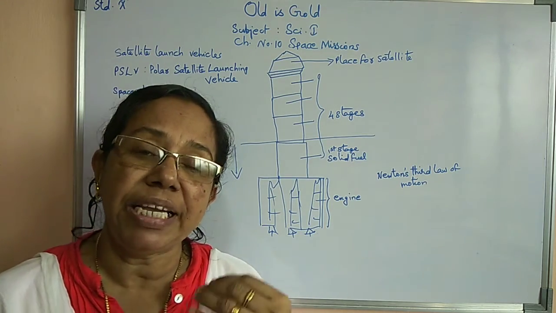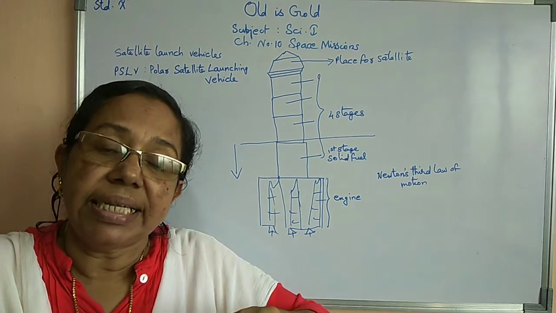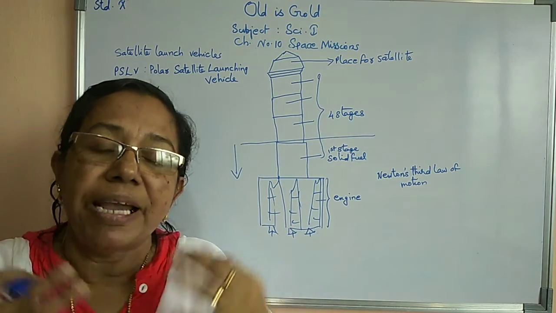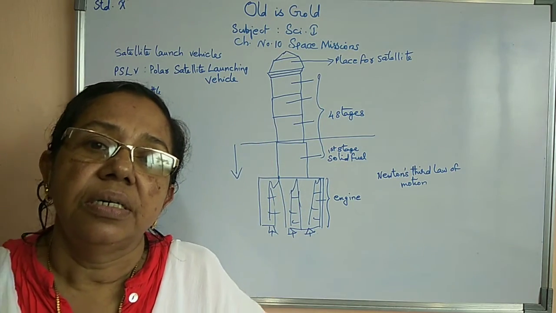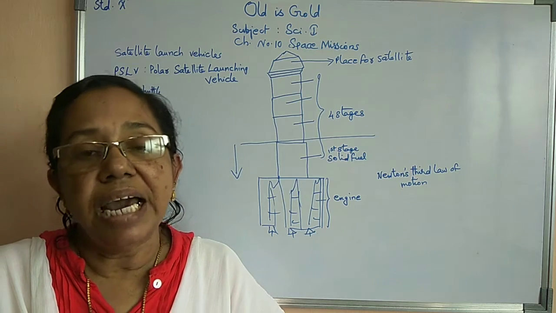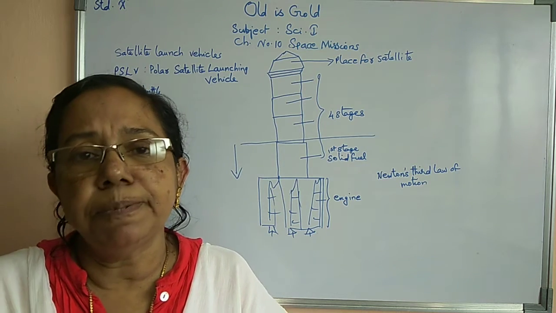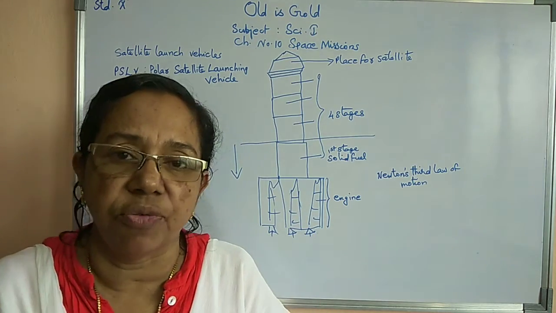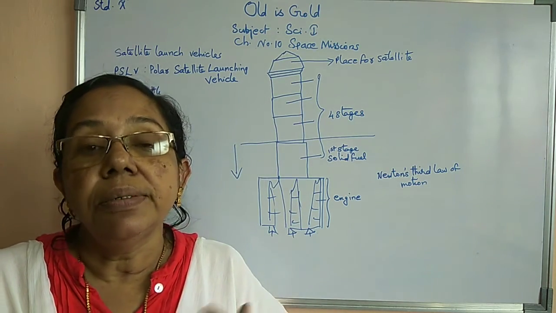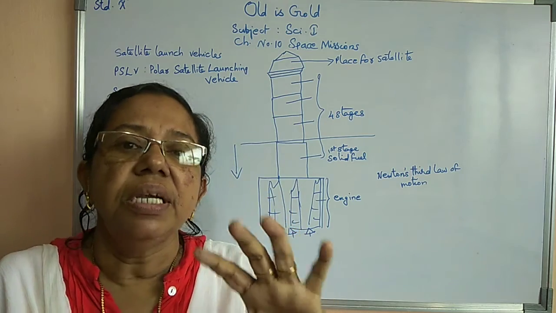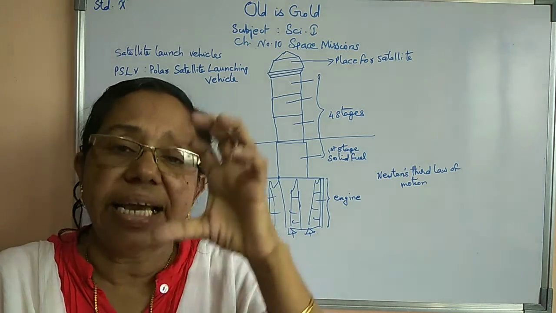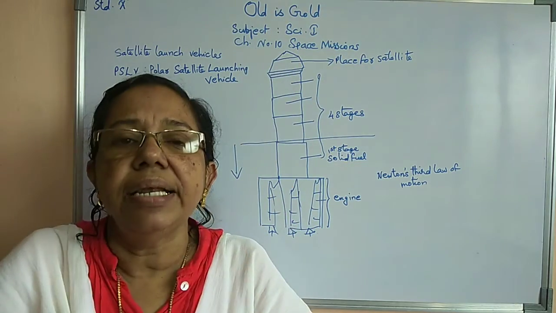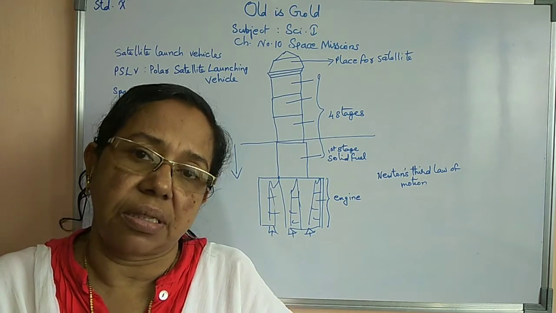With the help of the Space Shuttle, the same process happens: as and when we send the Space Shuttle to space, at that particular time its fuel tank will be discarded once its use gets over. But the part which is carrying the satellite to the orbit can come back to the earth.